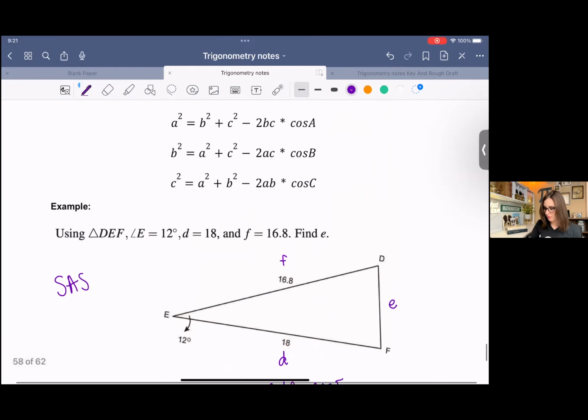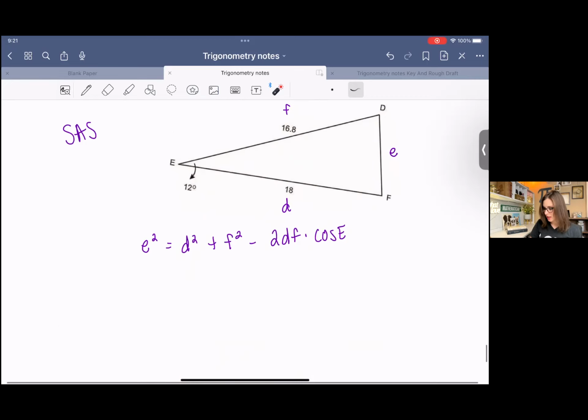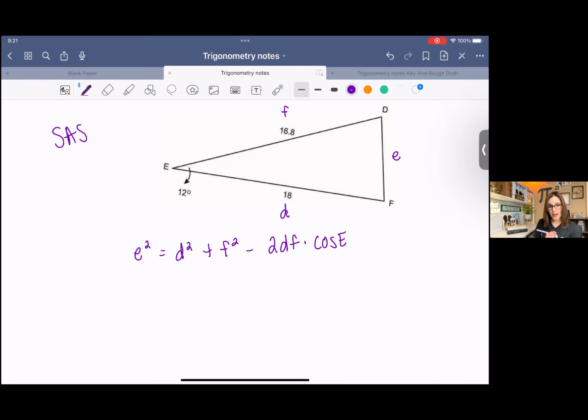I got that from up here, 2DF times cosine of the angle given. And now I can sub in my information. I do not have E, so I'm going to leave that E. D is 18, F is 16.8, minus 2 times D 18, F 16.8 times cosine of angle E, which is 12 degrees. So it looks like a lot, but it's very simple algebra.